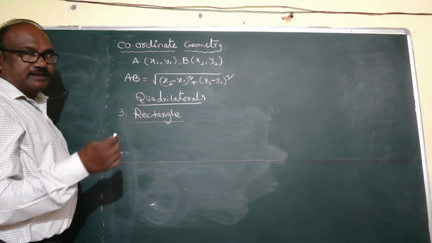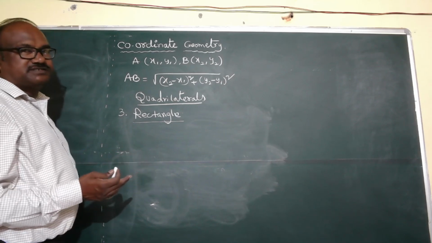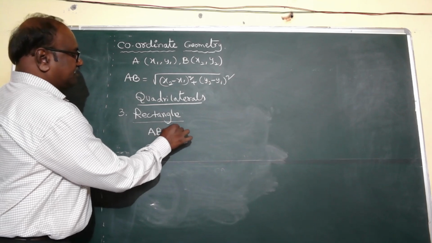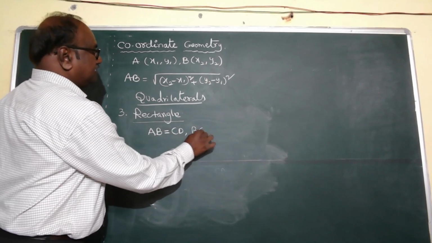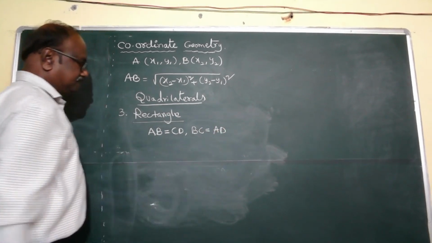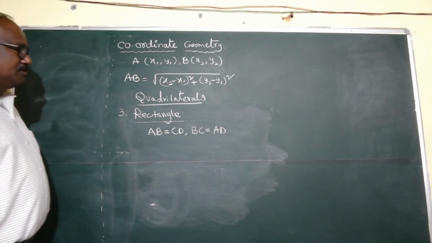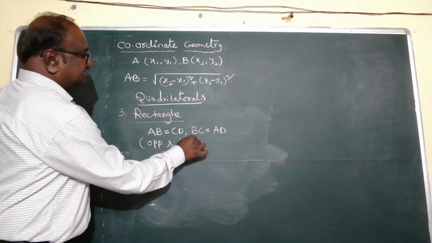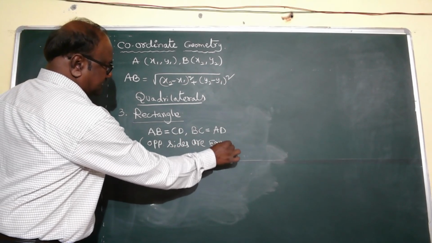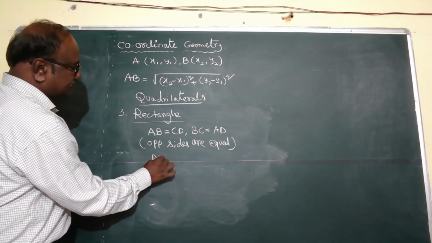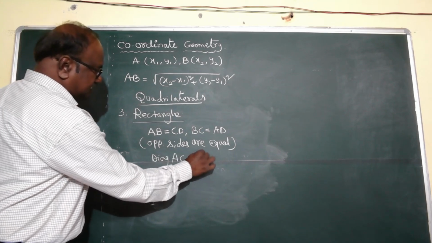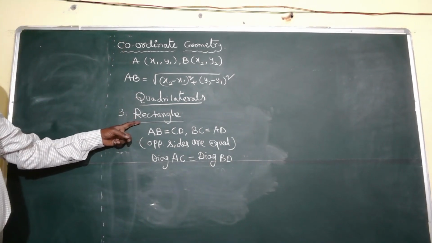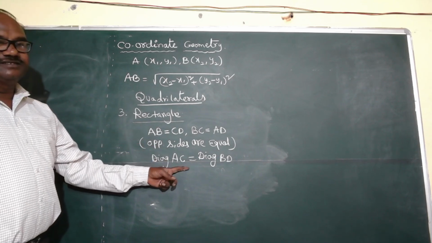When A, B, C and D 4 points are given, we will find the lengths of the sides, and then if we get opposite sides equal, AB is equal to CD and BC is equal to AD, that is, opposite sides are equal, and diagonal AC is equal to diagonal BD, then we can accept that it is a rectangle. So in a rectangle, opposite sides are equal and diagonals are equal.